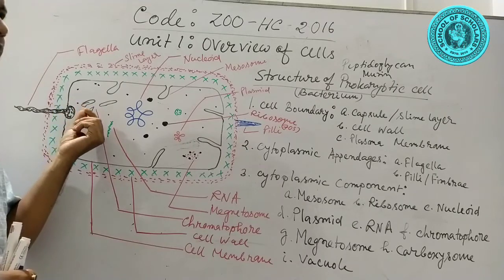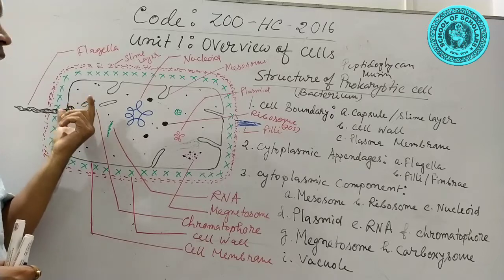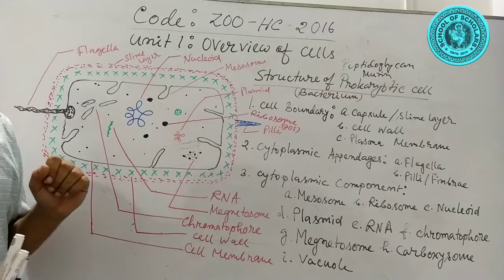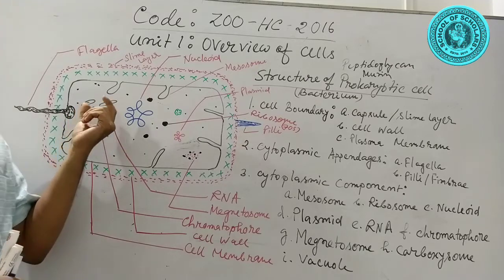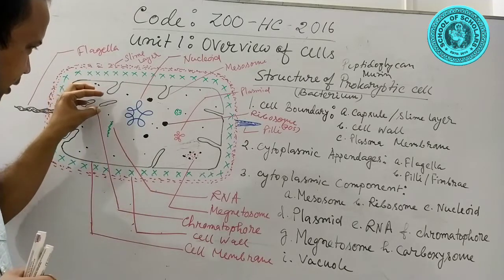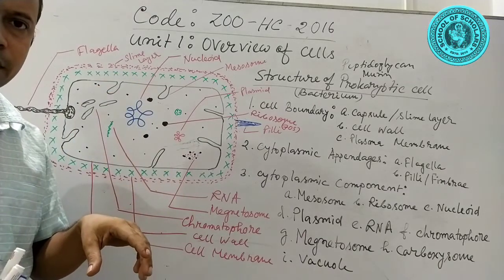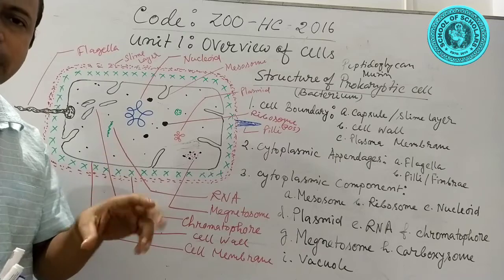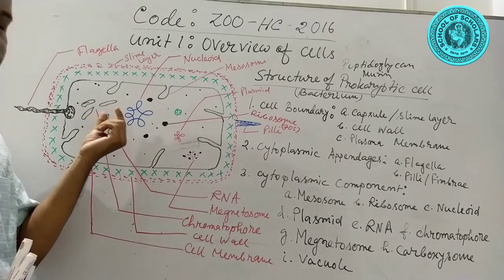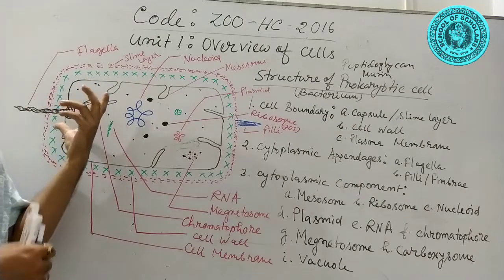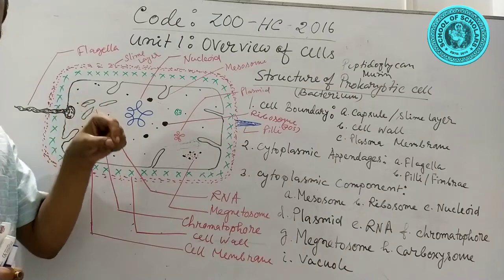Chromatophores are pigment-bearing, flattened, discrete sac-like structures, and they are not present in all kinds of bacteria. They are present specially in those bacteria which are capable of photosynthesis. That means this type of structure, which contains pigment, is present only in photosynthetic bacteria.